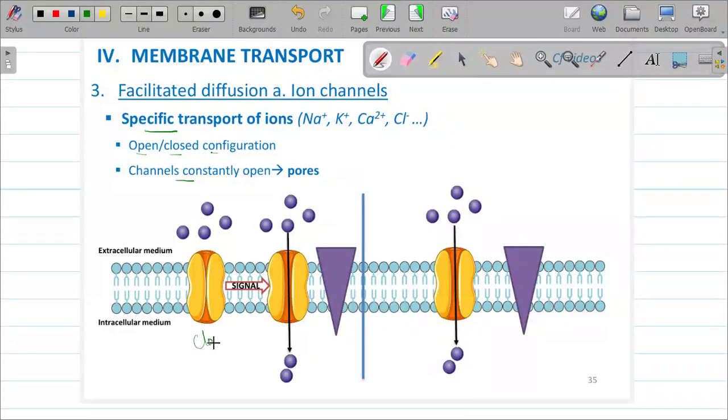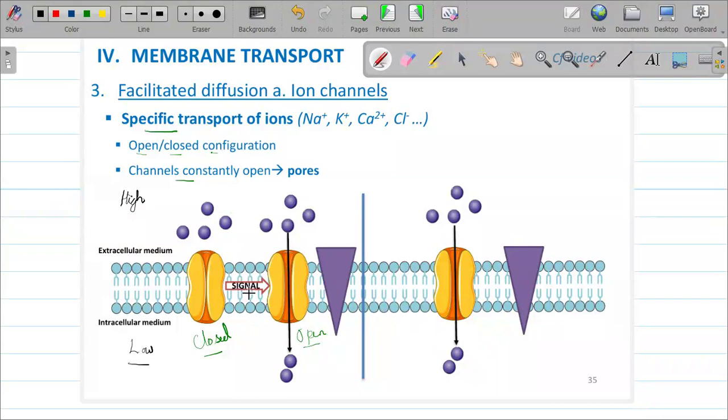A closed channel cannot help in transport of molecules. But when a signal is given to them, the channels open. The protein modifies its structure and the gate opens. When the gates are opened, the molecules are able to move from a region of higher concentration to a region of lower concentration.